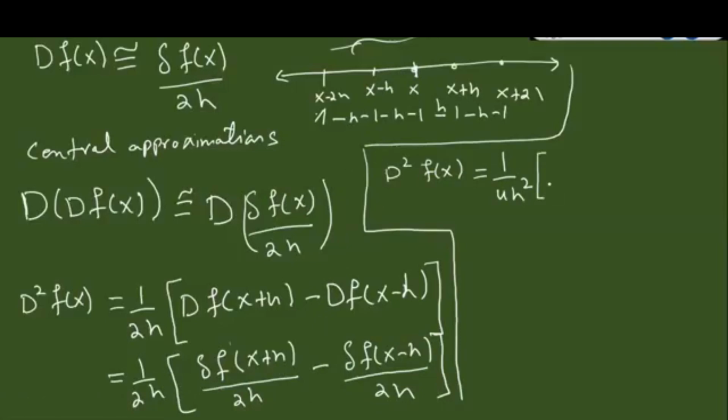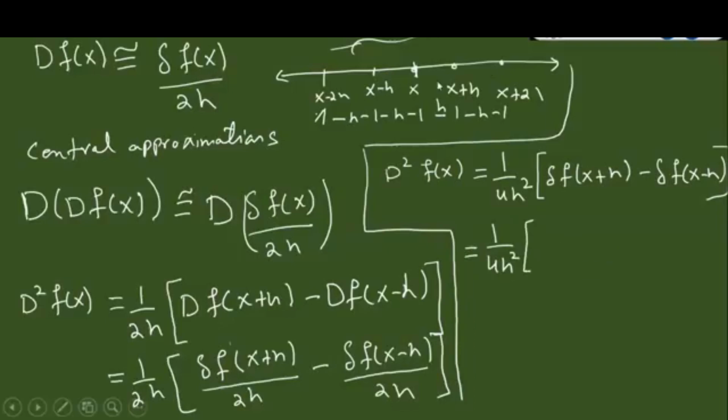So what we are left with inside is the central operator applied to a function evaluated at a point x plus h, minus the central operator applied to a function evaluated at x minus h, bracket close. So what would be the answer then? 1 over 4h square del. Okay, so what if I apply a central difference at this value?